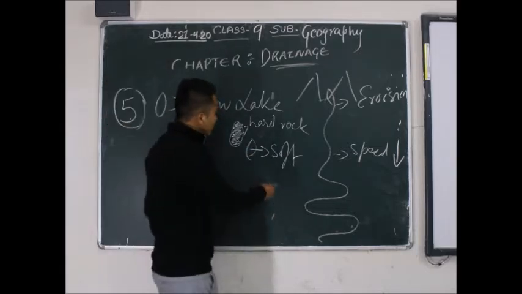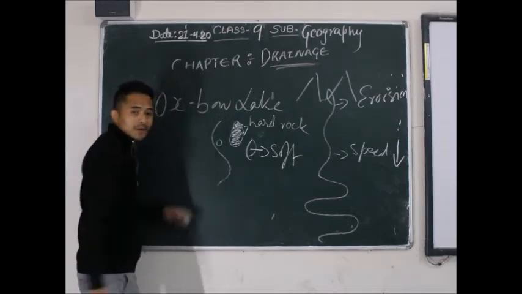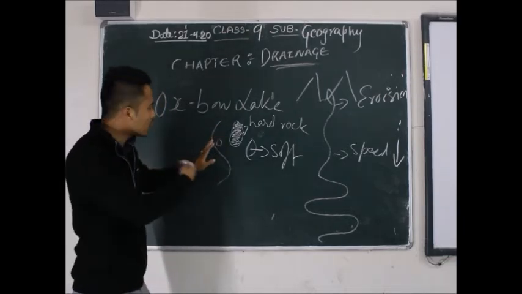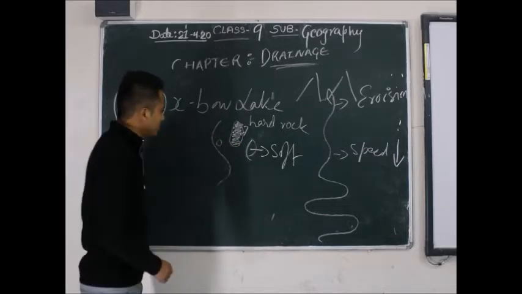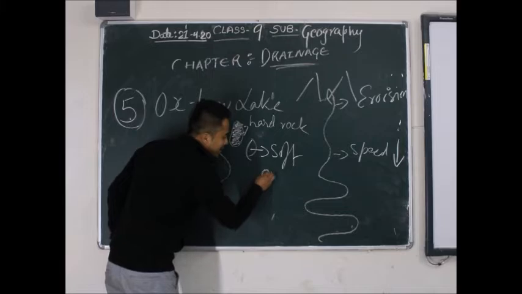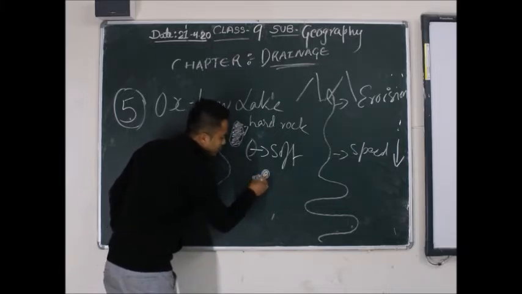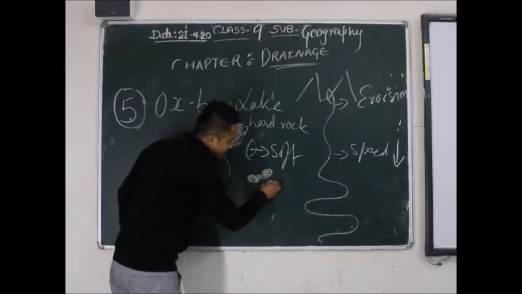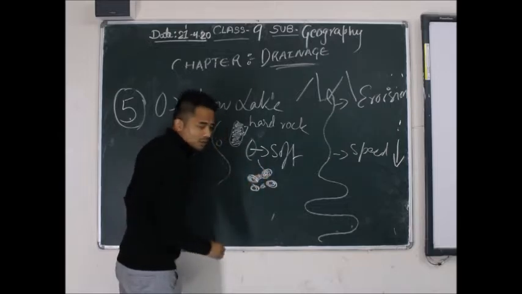In that manner, the river flows in those directions where there are soft rocks. Why? Because soft rocks can easily be broken, and hard rocks can't be easily eroded. Let's say there are hard rocks in this manner, and there are soft rocks too. The small one is soft rock. The river won't go through the hard rock because it can't erode.